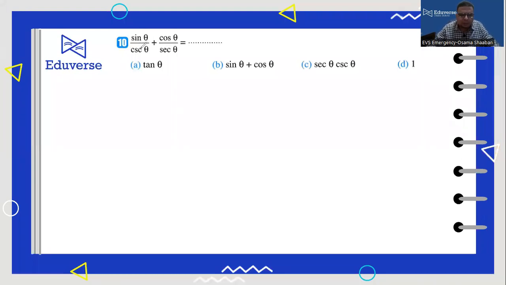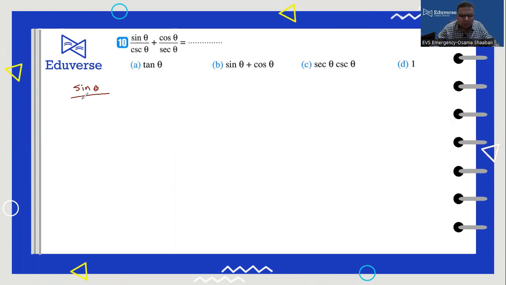Question number 10: sine theta over cosec theta plus cosine theta over sec theta equals what? Okay, sine theta over cosec theta, that means the reciprocal.